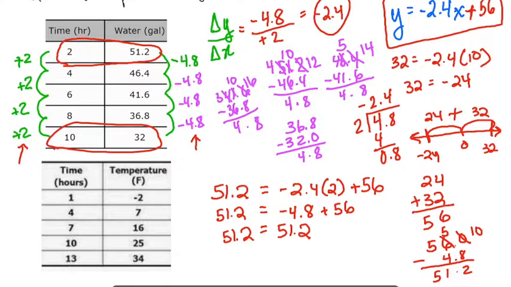What we found is that 51 and 2/10, when we do the math, is going to be equal to 51 and 2/10. So both sides are going to give me equal values. That means that this is the correct rule.